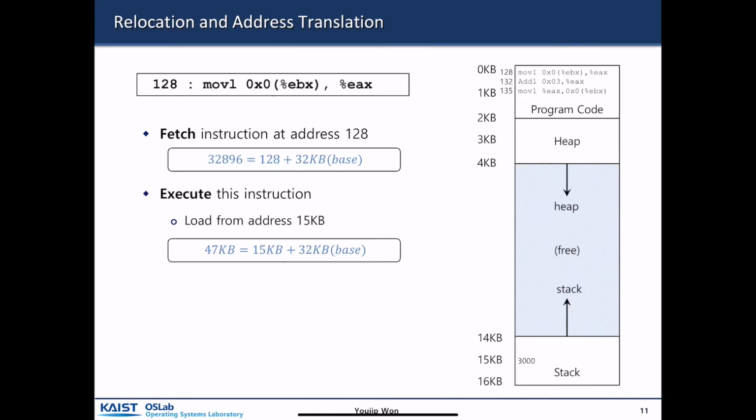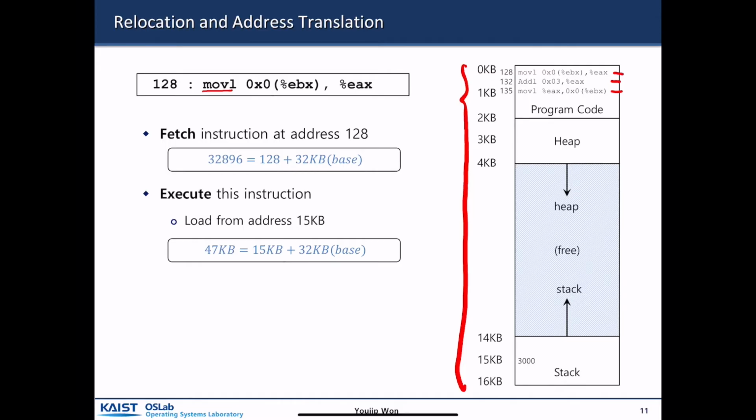Let me give an example. Let's say this is the virtual address space, and there are 3 lines of code. Each line of code is saved at addresses 128, 132, and 135. The first instruction is to move the value of 3000 to the EAX register.